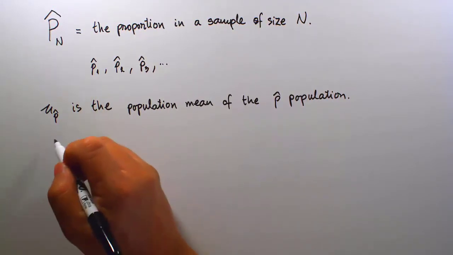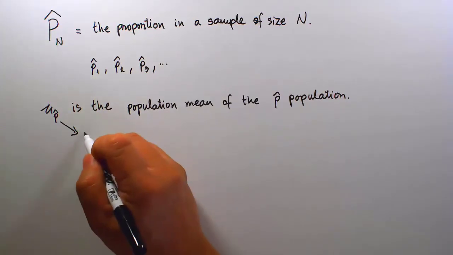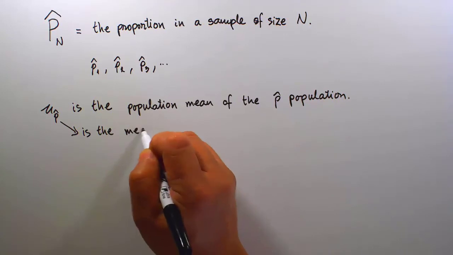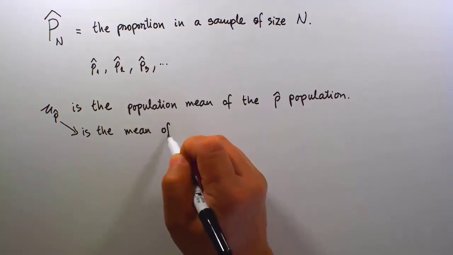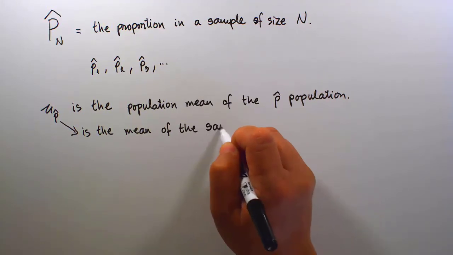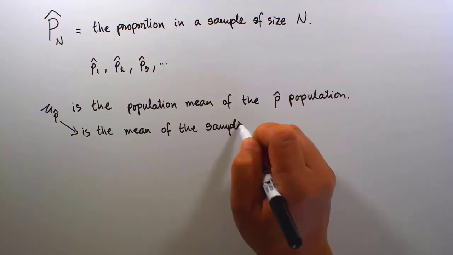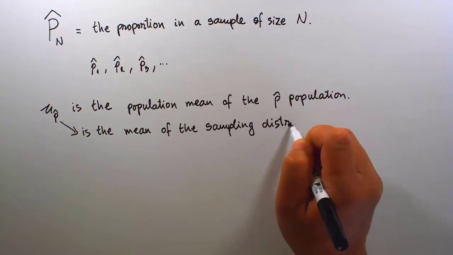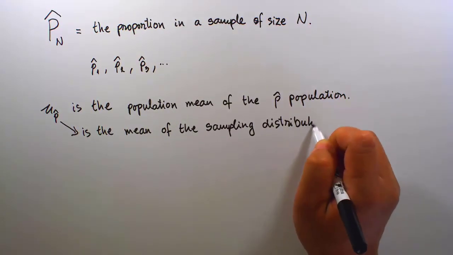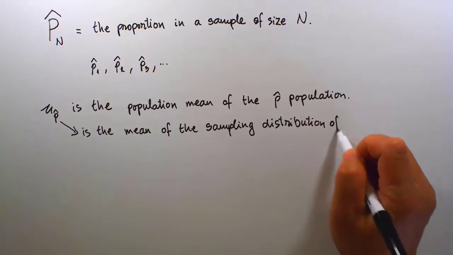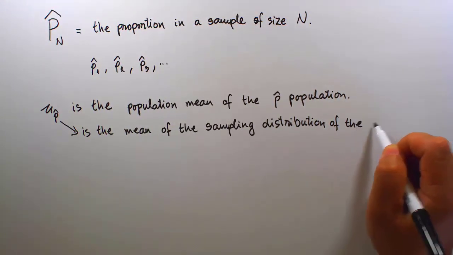In other words, mu p hat is the mean of the sampling distribution of the proportion.